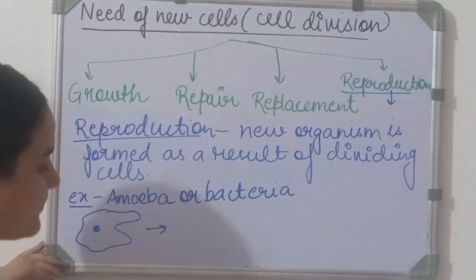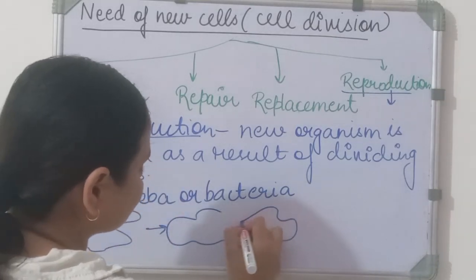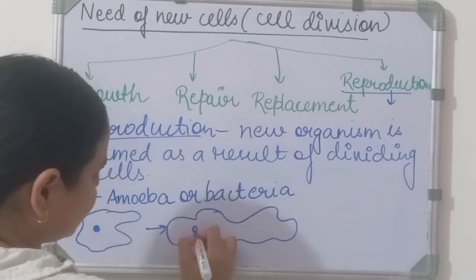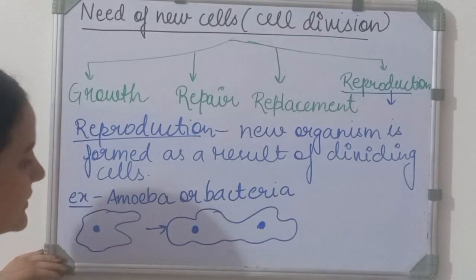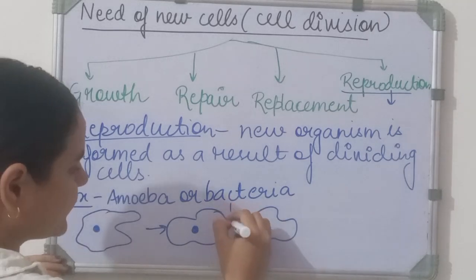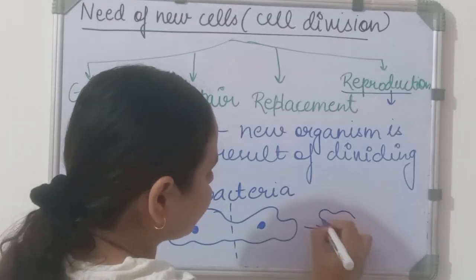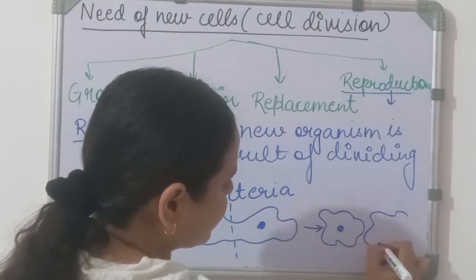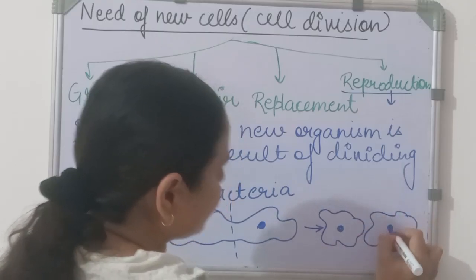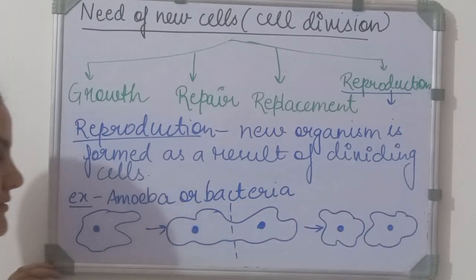Over time this amoeba elongates, which means it is trying to divide. It elongates and from here it divides into two amoebas. From a single amoeba, two new amoeba cells are formed.